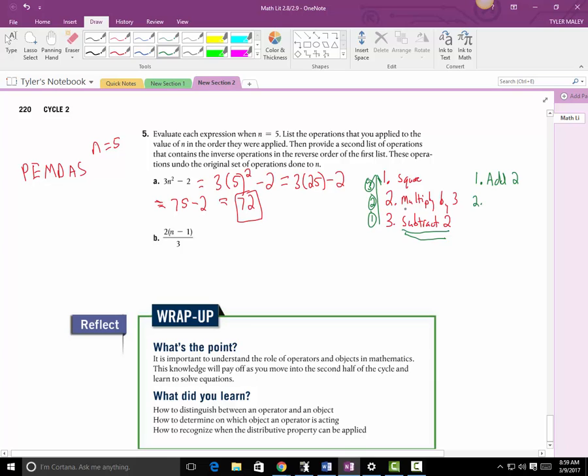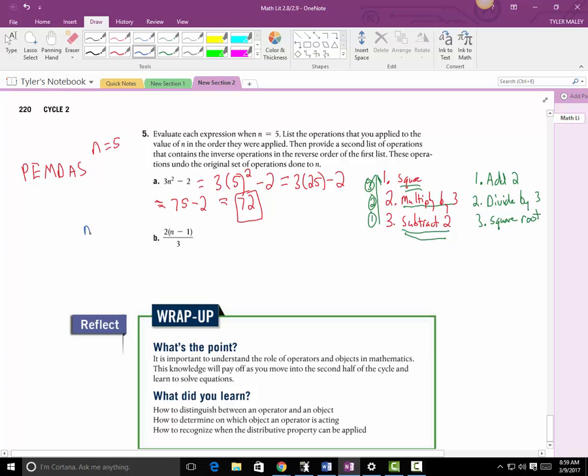The second thing we need to do is undo the multiplying by 3, so we would divide by 3. And the third thing, the opposite of squaring, is to take the square root. Good.